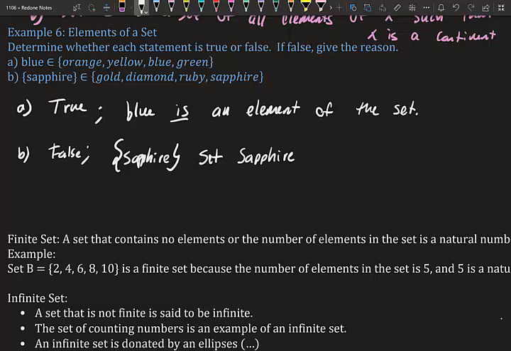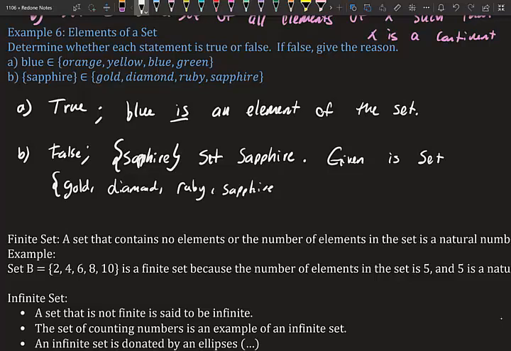That's saying set sapphire. Now, what we're given is set gold, diamond, ruby, sapphire.